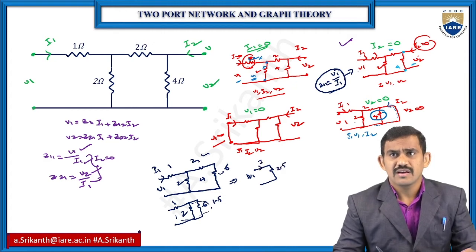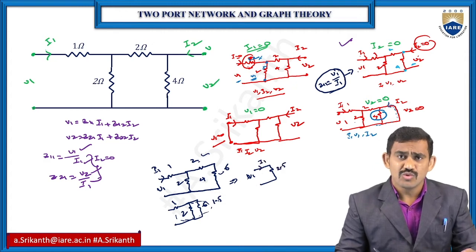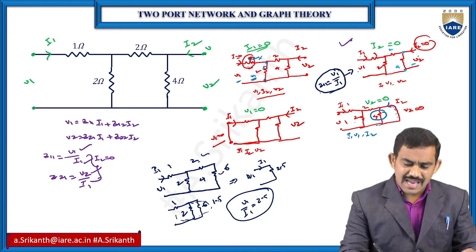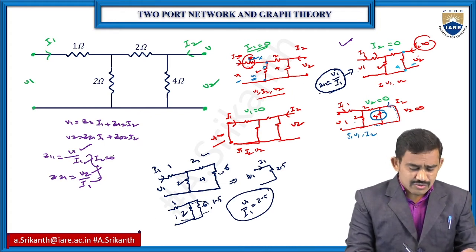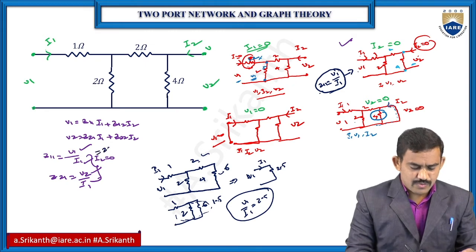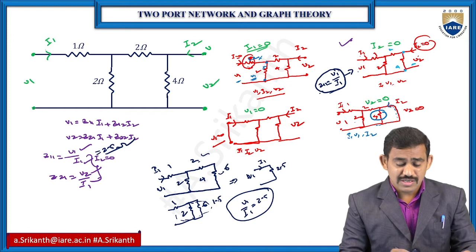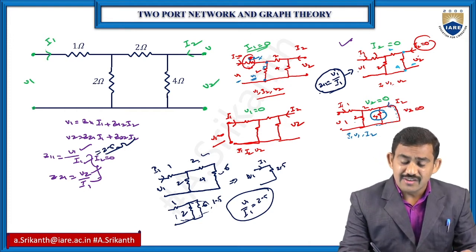Here we have I1. Now only one loop: V1 by I1 is nothing but your R value, that is 2.5 ohms. So V1 by I1 is the Z11 value. Z11 is 2.5 ohms. It's very simple, but we need to know the logic. We need to convert into a single loop. Now I know the I1 value here.